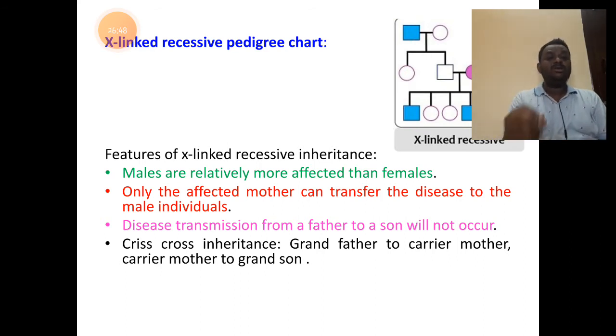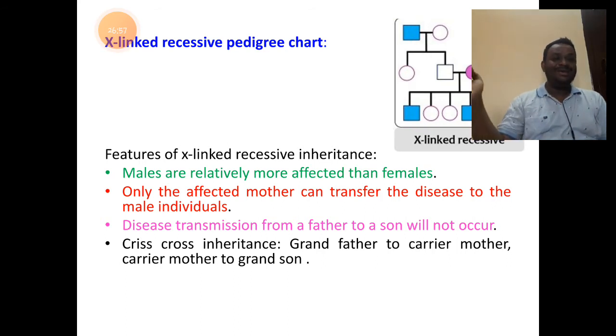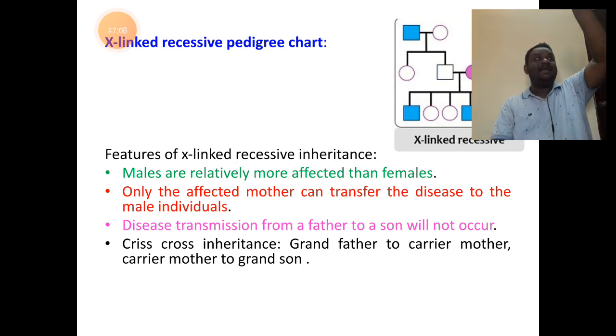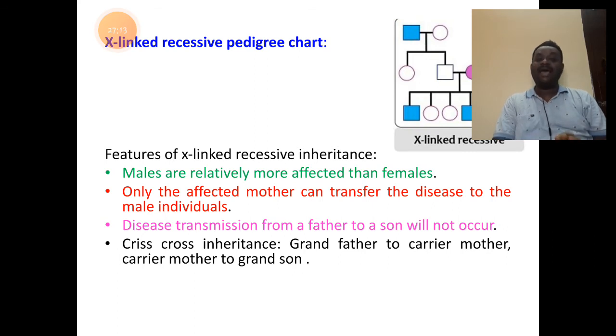Disease transmission occurs only from grandfather to the grandson, through the carrier female. So disease transmission from father to son will never occur directly, but it is to the grandson. So the grandfather transmits the affected gene to his carrier daughters, and these carrier daughters will pass the character to the grandson, which we call criss-cross inheritance.